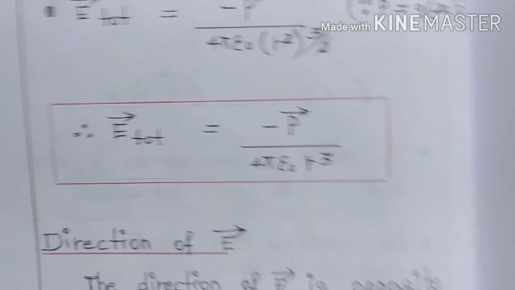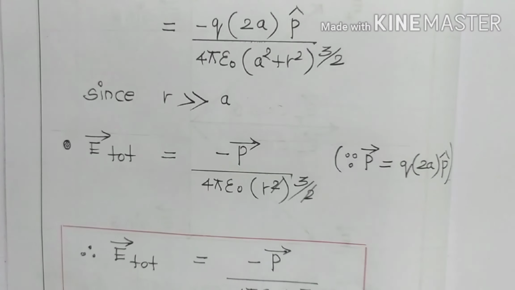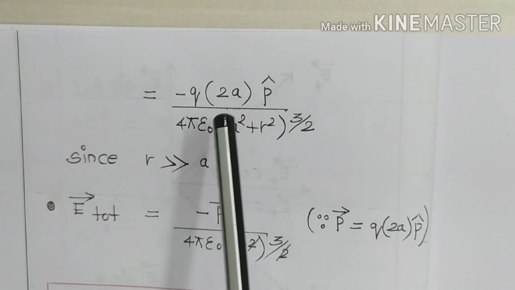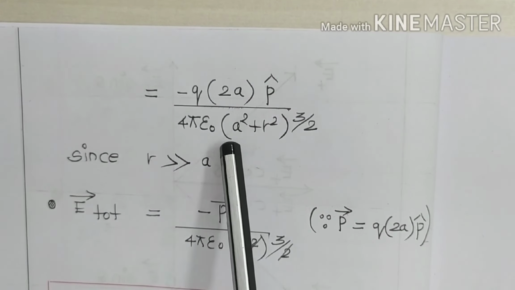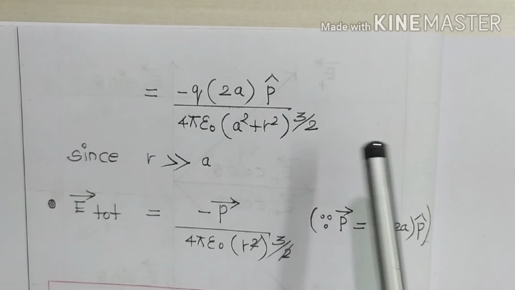So here you see, okay. So what we get is minus Q in bracket 2A P cap by 4 pi epsilon naught A square plus R square to the power of 3 by 2.